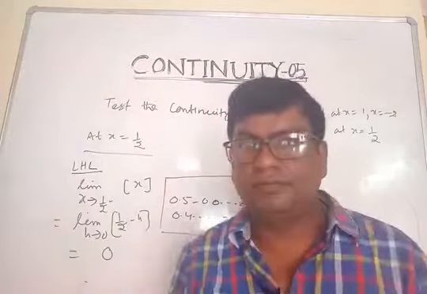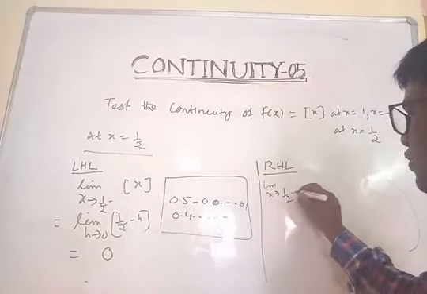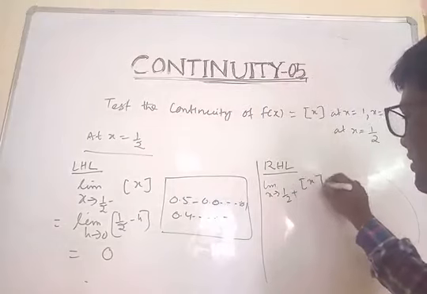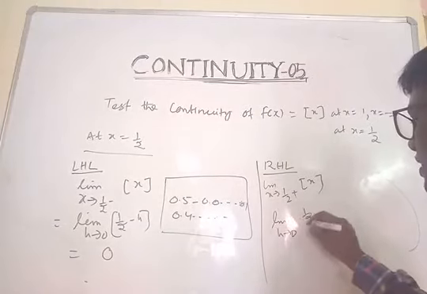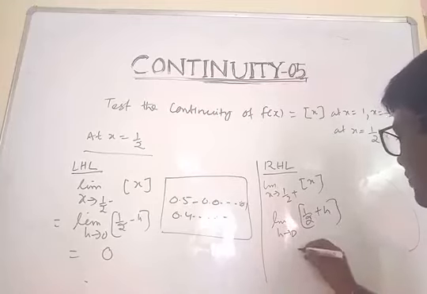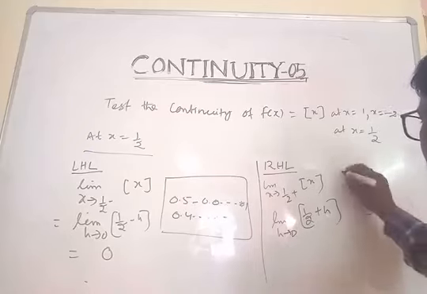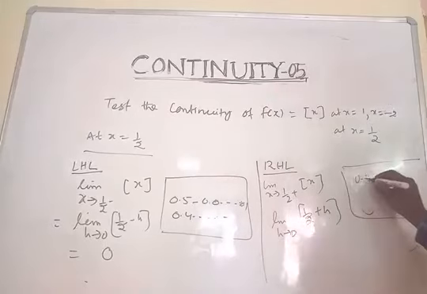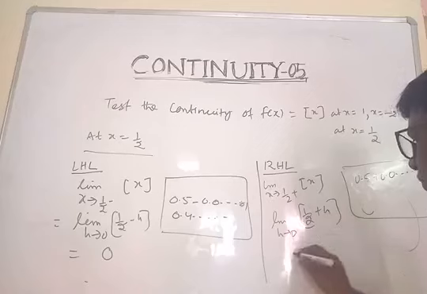Again RHL is equal to limit x tends to 1 by 2 plus of bracketed x. This is equal to limit h tends to 0 of bracketed 1 by 2 plus h, which is 0.5 plus 0.000 something, so 0 point something. So bracketed 0 point something is 0.